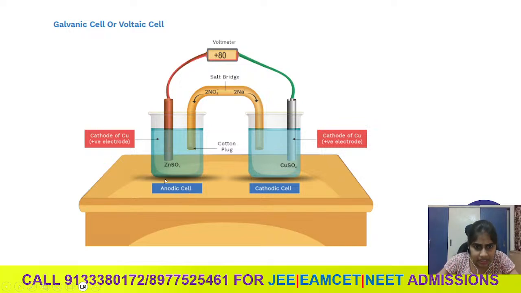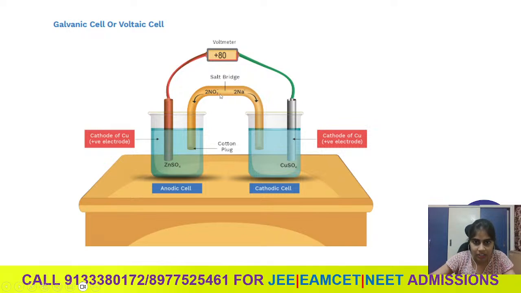This is the anodic cell. A small mistake in this diagram. So just understand, the left side part is the anodic cell and the right side part is the cathodic cell.